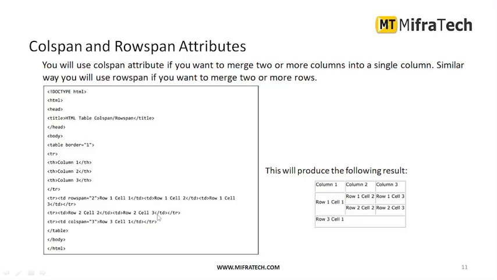Next, let's come down. tr, td, row 2, cell 2, like a next cell. We have occupied row 1, cell 1 as 2 rows, so we have to enter another. Next, tr, td, colspan 3, row 3, cell 1.